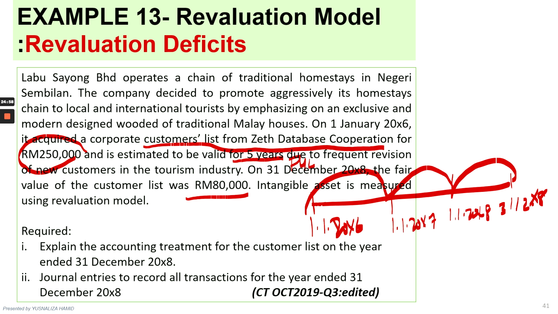So you need to understand that the revaluation took place on 31st of December, because you have the word fair value. Intangible assets can also be measured using the revaluation model. You are asked to explain the accounting treatment not in the first year, not here, not here, but here, meaning in the 3rd year, and also the journal entry for the 3rd year only.